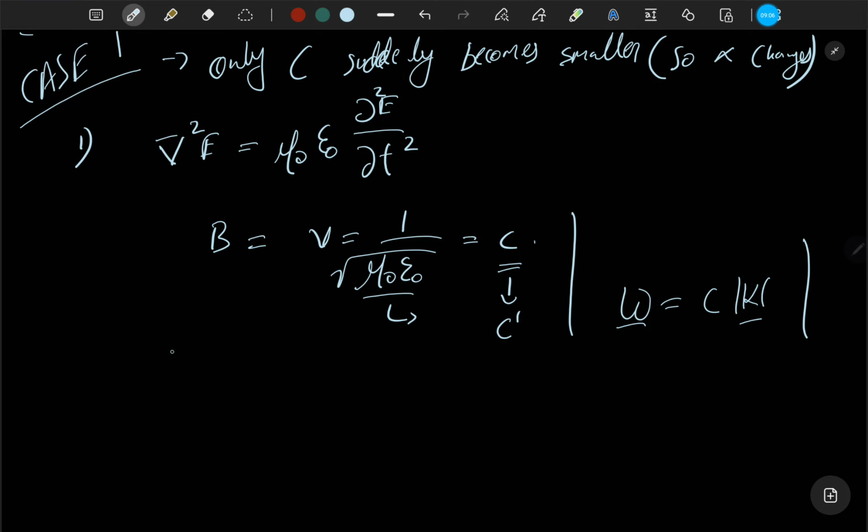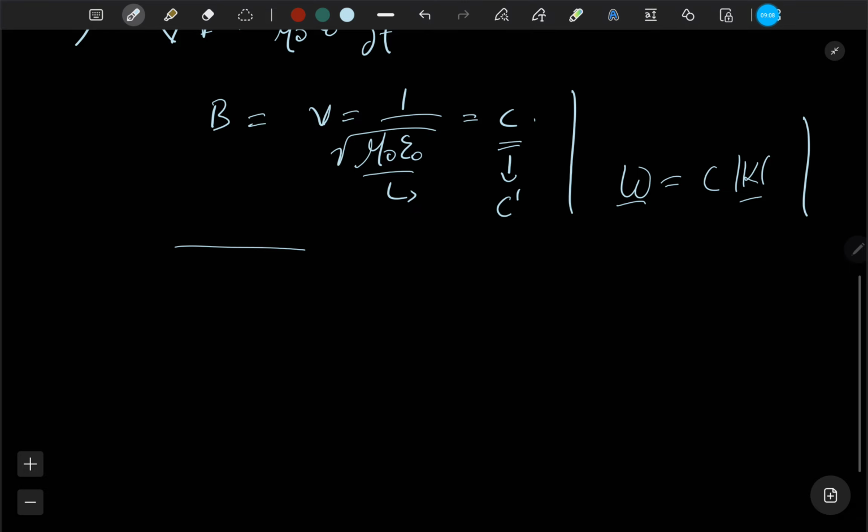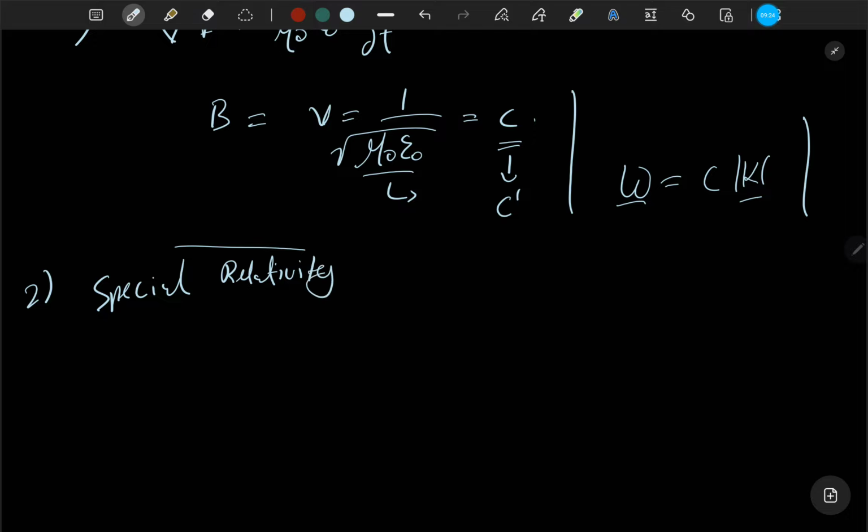And in this we can also observe special relativity. It blows up for the fast moving stuff.